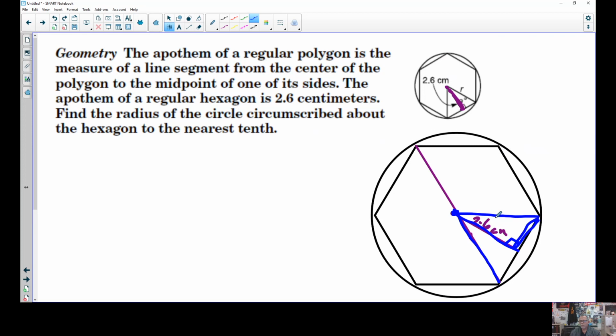Let me make this a little bit easier to see. All right, that's what I wanted. So we know this is 2.6 centimeters, this apothem. If we complete this right triangle, this would be the radius, would it not?